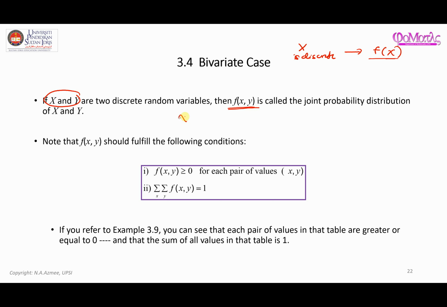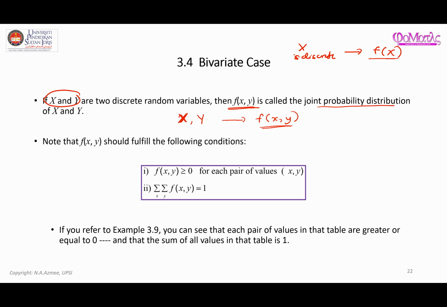But now we have x and y, and so we are interested in the combination of them together, x and y. So we are going to write it in this manner, and this is what we call the joint probability distribution, or sometimes you can also call it the joint probability mass function.